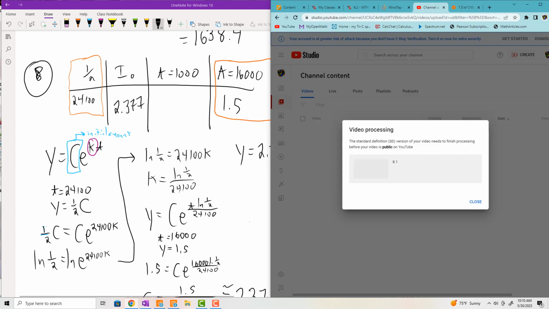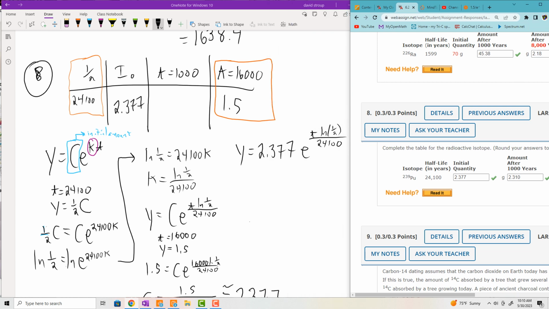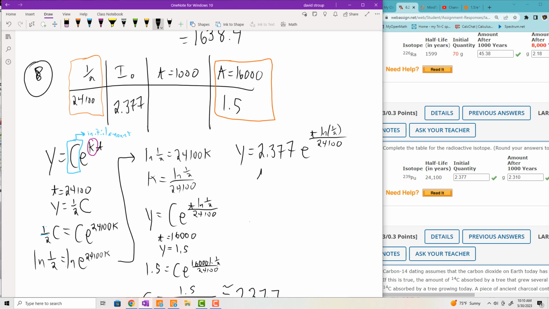And to get the final answer, I'm going to substitute in 1,000. So let t equal 1,000, and y will be 2.377 e to the 1,000 times ln of 1/2 all over 24,100.